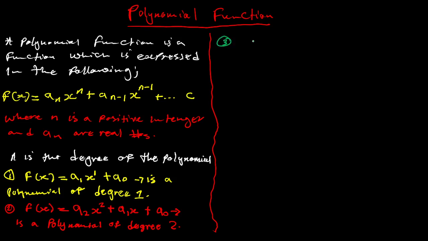Let me quickly give another one which you can have interest in. Let's say I have f of x is simply a_3 x to the power 3, plus a_2 x to the power 2, plus a_1 x to the power 1, plus a_0. Remember, a_0 can just be written as a c, because a_0 is simply a constant value.